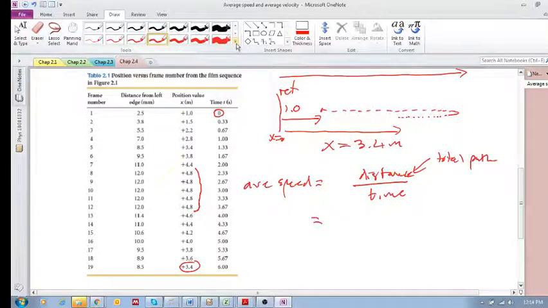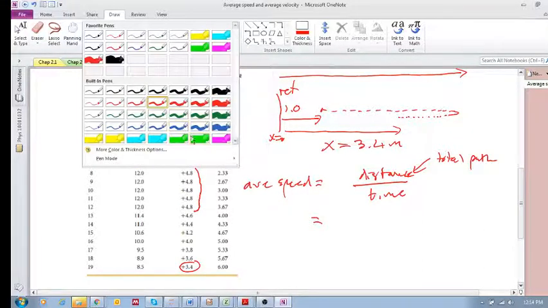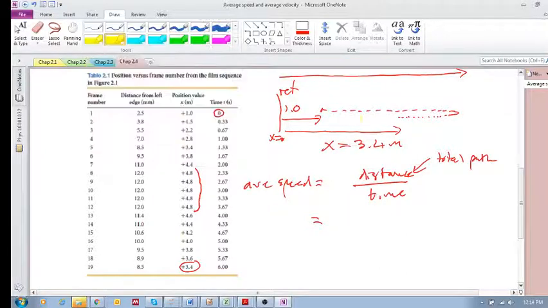Let's change colors. How about yellow? The total path traveled is that. That's the total path, so it is this entire distance.